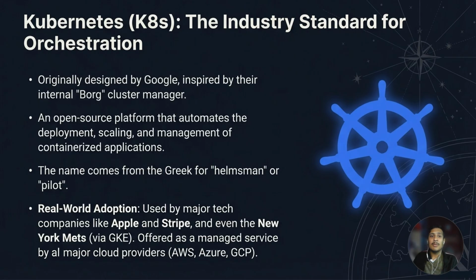The name comes from the Greek word for helmsman or pilot. Its adoption is massive. It is used by major tech companies like Apple, Stripe, and even the New York Mets. Furthermore, it is offered as a managed service by all major cloud providers, AWS, Azure, and Google Cloud.